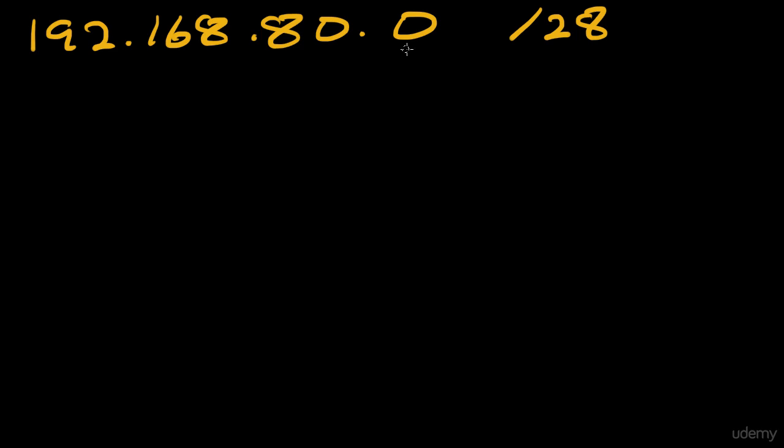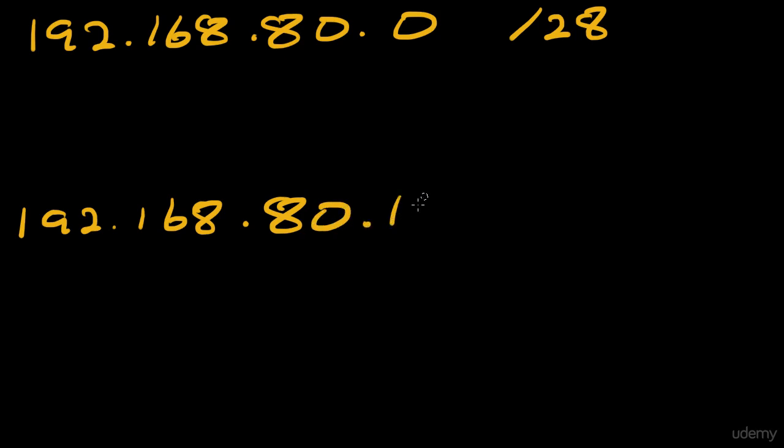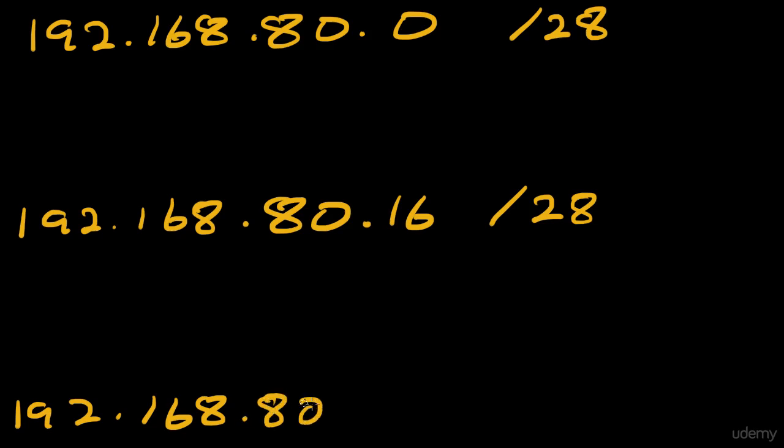And then we will increment the last octet, because the last octet is the one where we took the subnet bits from, by 16. So the next network ID would be 192.168.80.16/28. The next one would be 192.168.80.32/28.